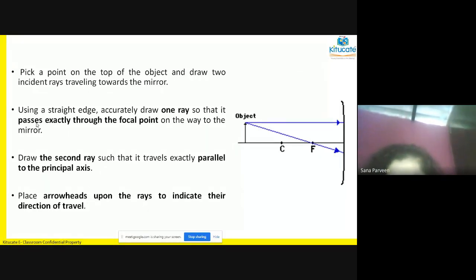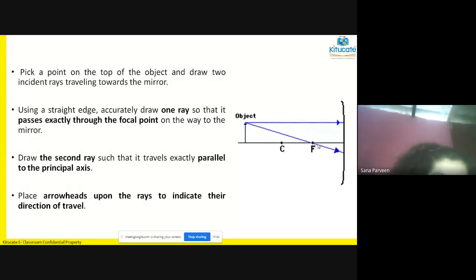So you have to consider a ray which is passing exactly through the point F, the focal point. Draw the second ray. The second ray which we're drawing is parallel to the principal axis. Black color is the principal axis. And this is the second ray which is parallel to the principal axis. The first ray you have to draw passing through the focus.